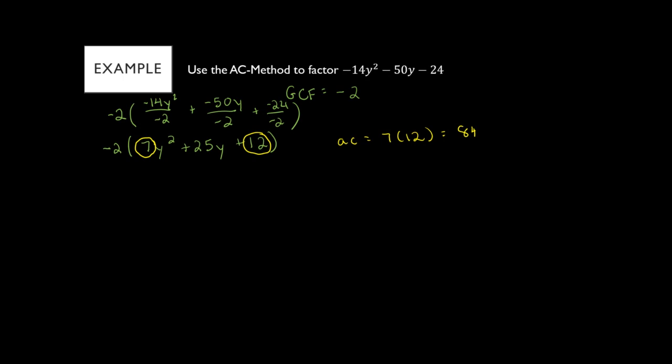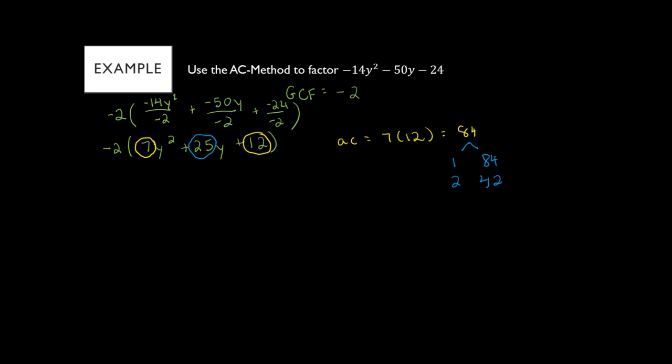And so now I want to find the combination of numbers that multiplies to 84 and adds to 25. There may be a lot. It's going to be 1 times 84, 2 times 42.